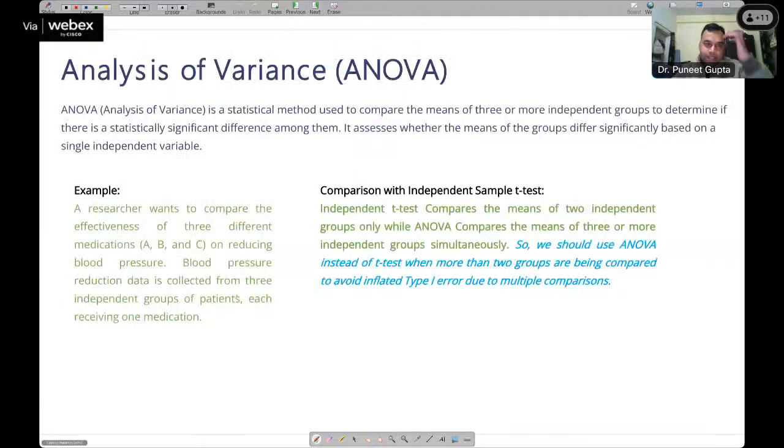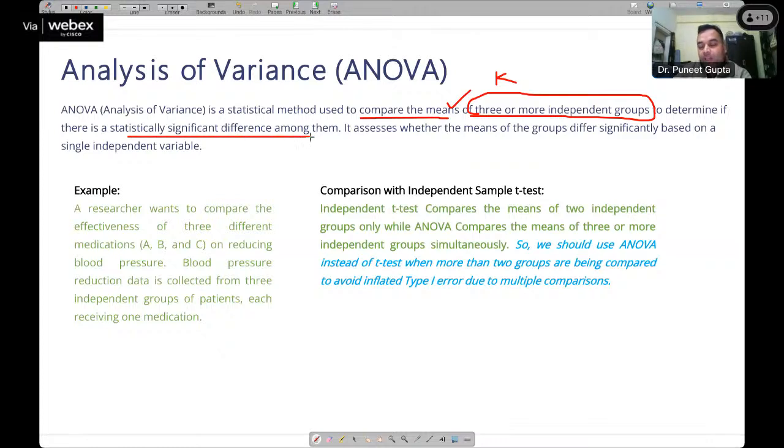So the first test is ANOVA, analysis of variance. ANOVA is a statistical method used to compare the means. In the independent sample t-test we were comparing the population means of 2 groups, but here we compare the means of 3 or more independent groups, or K independent groups, to determine if there is a statistically significant difference among them.